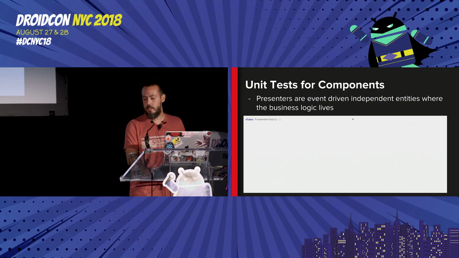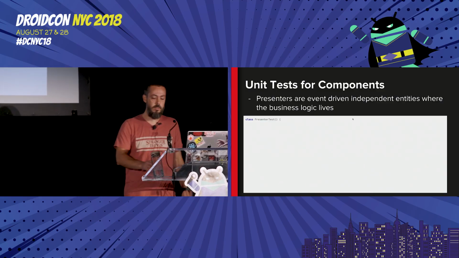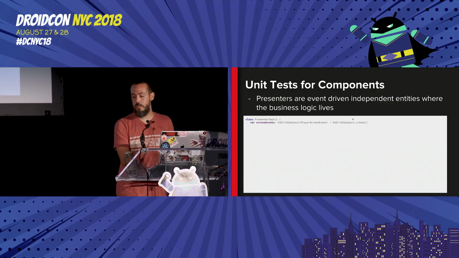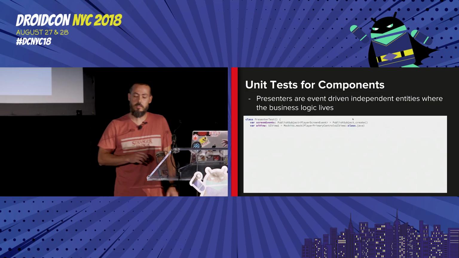And how do we do that? It's very easy, because as I said before, the presenters are a Java class. They don't know anything about Android. So what we do is they react to events, and we are going to send some fake events from the test. We create the PublishSubject, an Rx thing that we can use to send events.